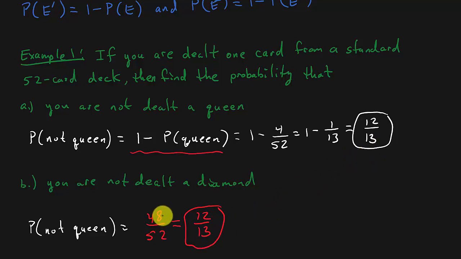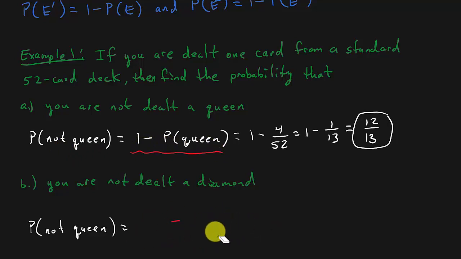But sometimes, like in this case with not a queen, it's a little more difficult to see how many cards are not queens, versus just saying, okay, I know there's 4 queens in the deck, so I'll do 1 minus that. I want to know how many are not queens, so I'll do 1 minus how many are queens.